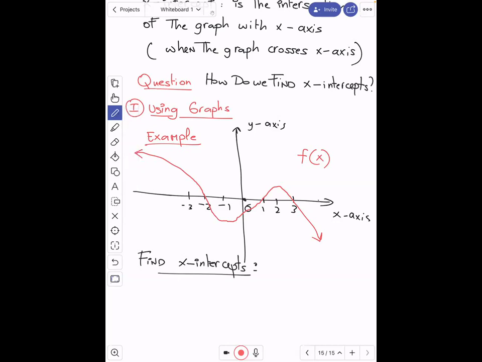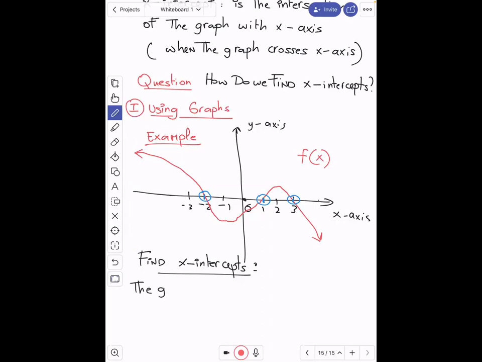Well, we do have like 3 intersections of the graph with the x-axis. So we have an intersection right here at -2, another intersection at +1, and another intersection at +3. So my graph intersects the x-axis at 3 different points: at -2, +1, and +3. Right. So let me just write down here what I just said.